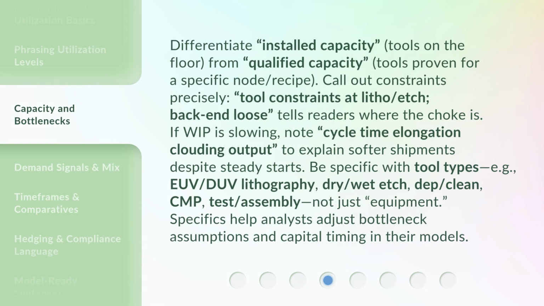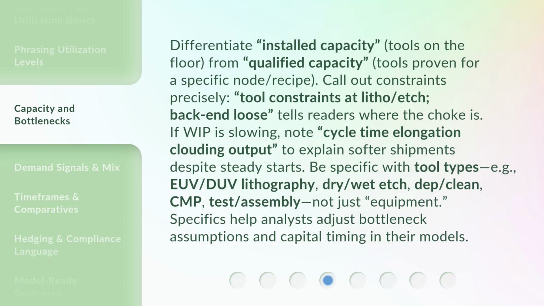Differentiate installed capacity, tools on the floor, from qualified capacity, tools proven for a specific node or recipe. Call out constraints precisely. "Tool constraints at litho/etch, back-end loose" tells readers where the choke is. If WIP is slowing, note "cycle time elongation clouding output" to explain softer shipments despite steady starts.